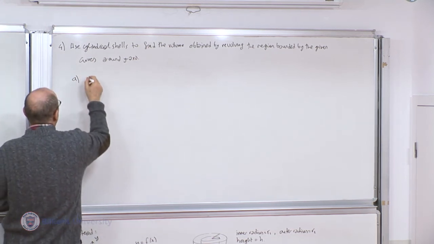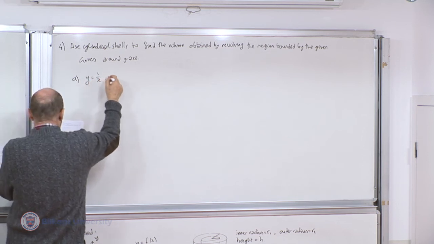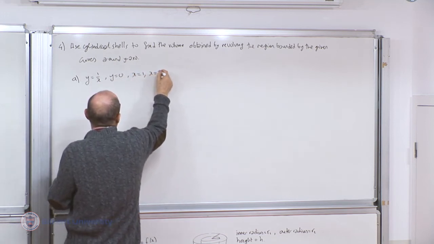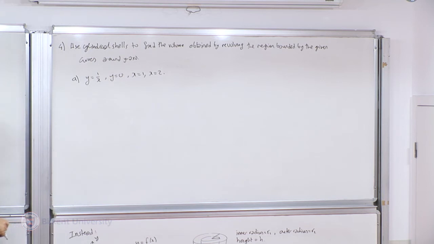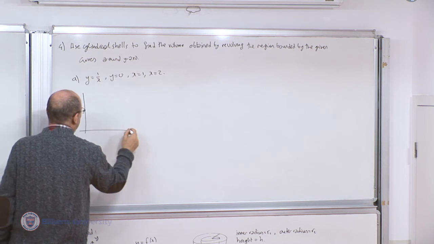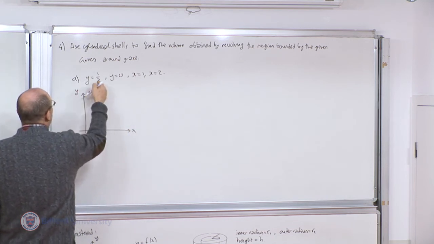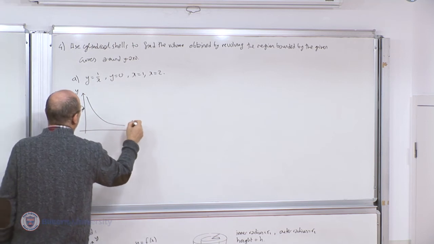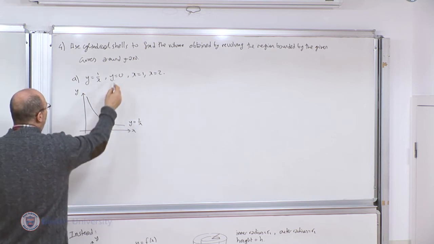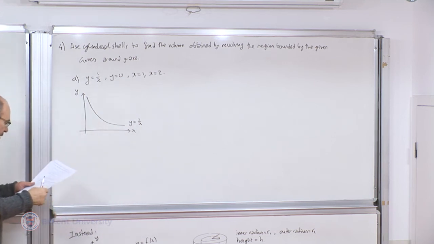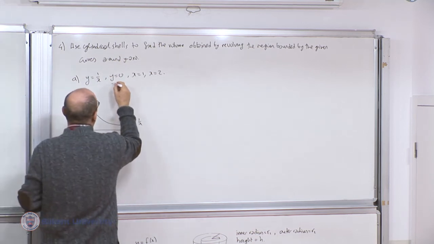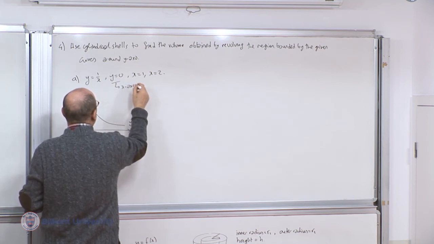So the first one is y equals 1 over x, y equals 0, x equals 1, x equals 2. Let's see what this region looks like. I have this y equals 1 over x curve. Y equals 0 is the x-axis.